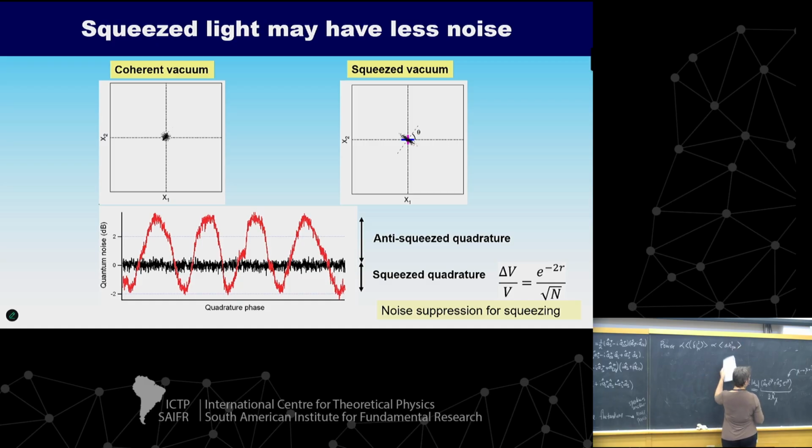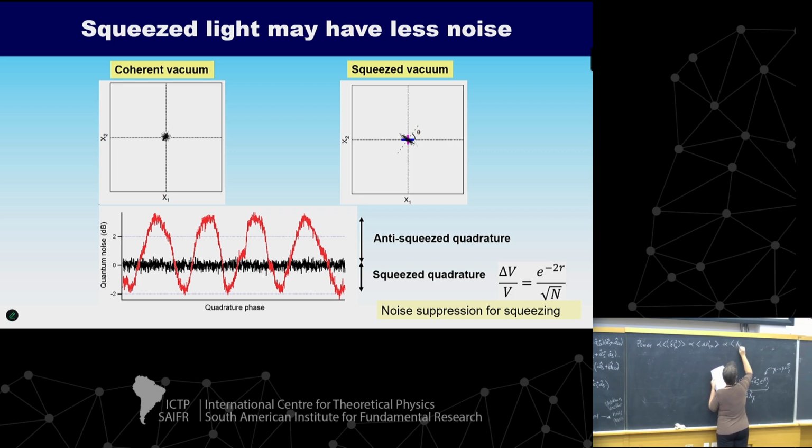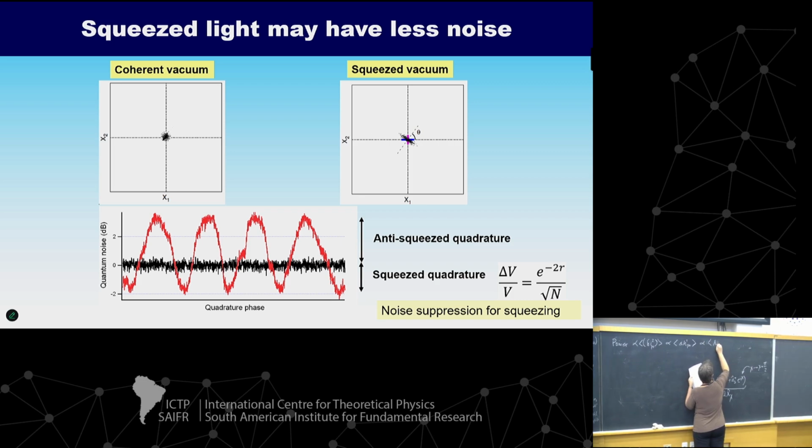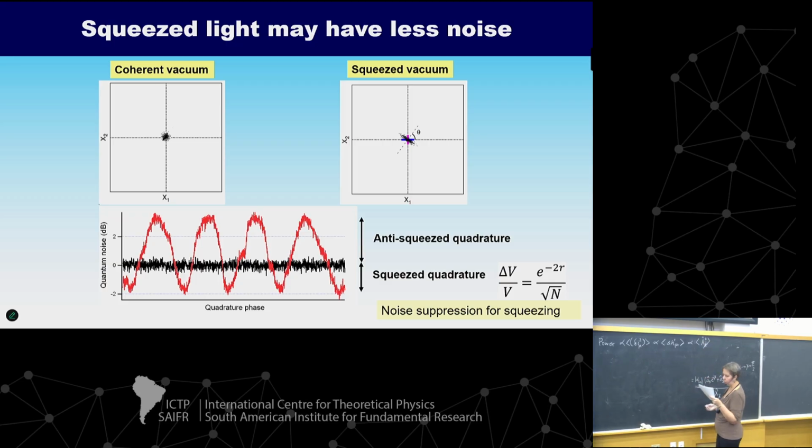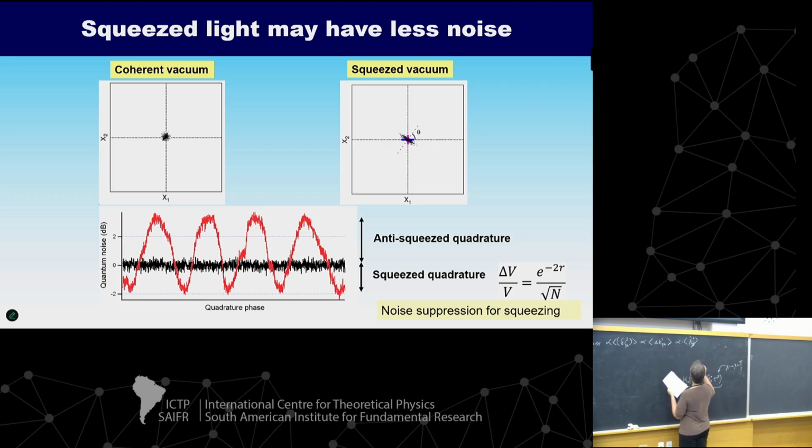And because that number is proportional to the quadrature, we're basically measuring the quadrature squared of our field. And again, if we assume that it's measuring on the zero level, these are the quadrature fluctuations.